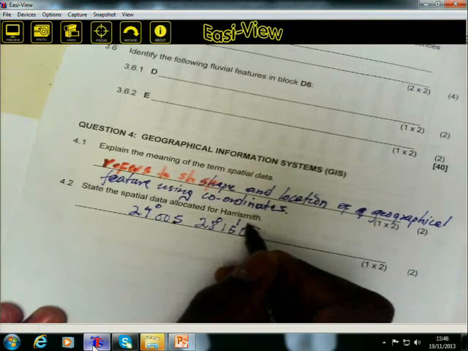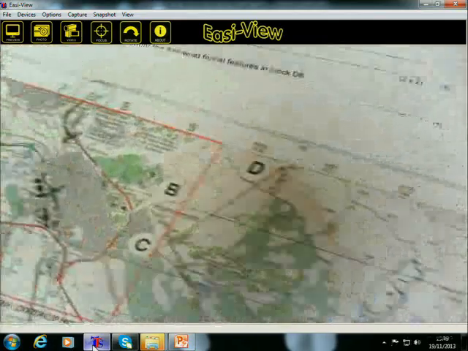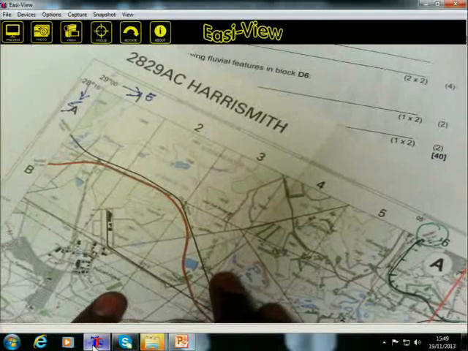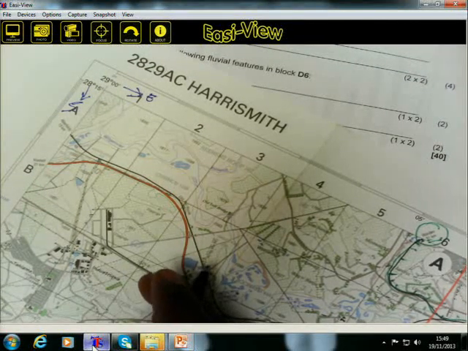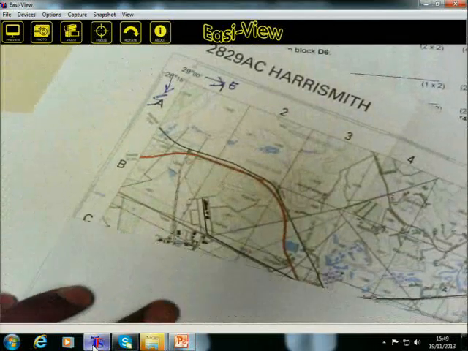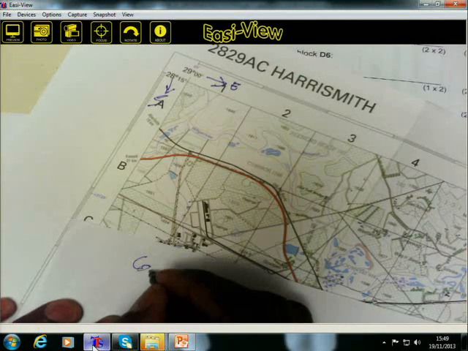Now, how did they get all these coordinates? I'll give you an example of those coordinates. For example, let's come to our map. Maybe the question says, give the coordinates of a benchmark.